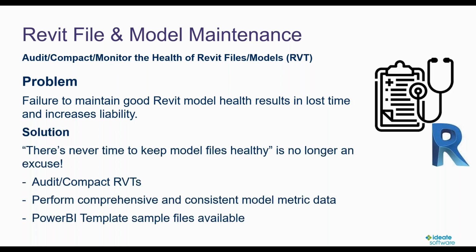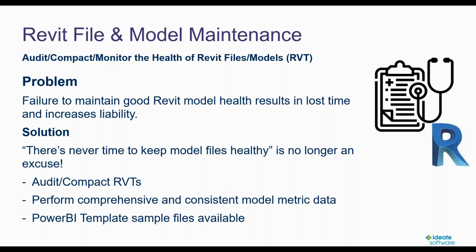So we have some scripts within Ideate Automation that can perform the audit and compact model processes for you. You can even do a save as, so if you're looking to create some archive copies, you can do that as well. You can save files, either locally saved models, or you can save files down from BIM 360 also.